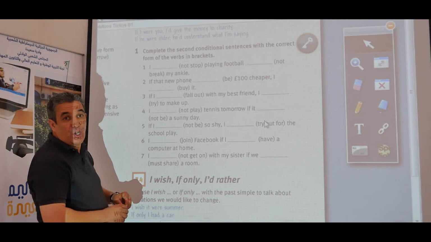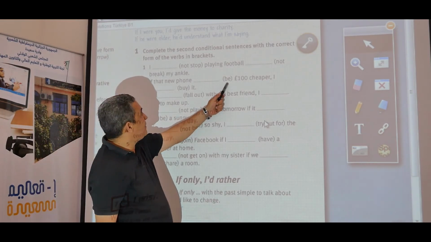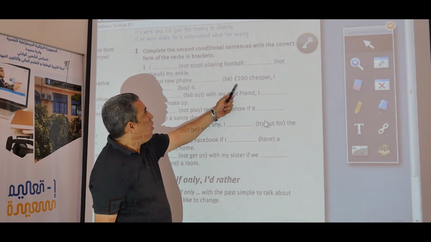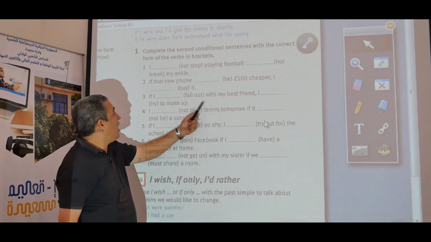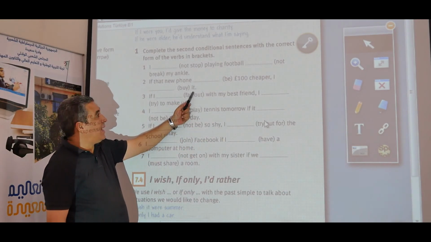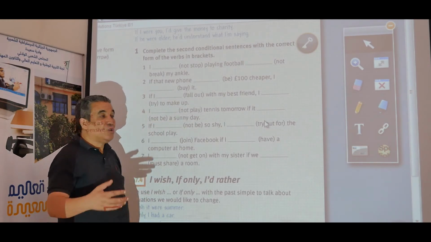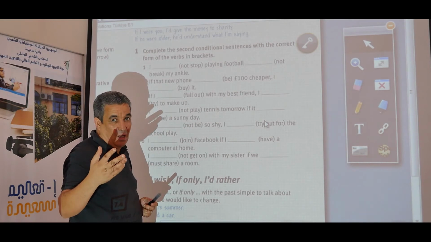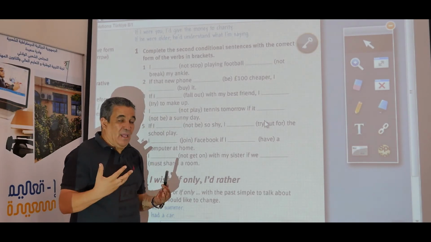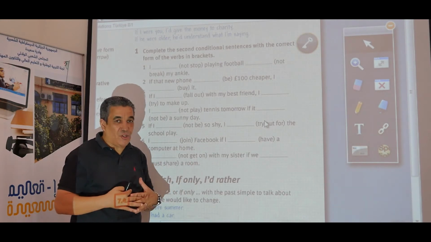Now, number 2, if that new phone be £100 cheaper, I to buy it. If that new phone, so new phone is the third person singular. So what have we said? Now, can we say was? No, we cannot. We said was is not formal.